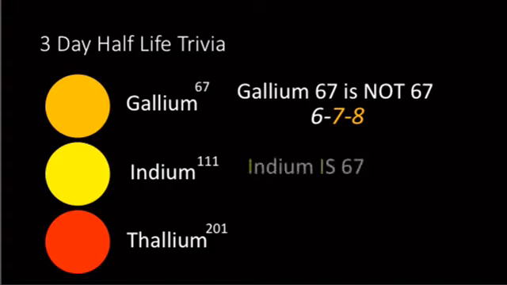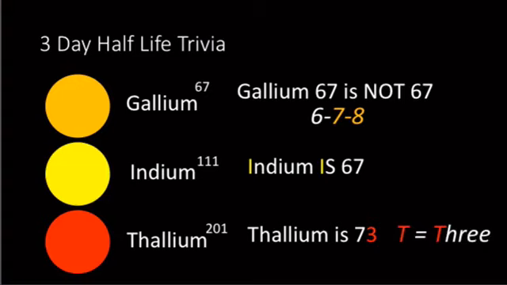Indium is 67, so I for I. And then thallium is 73, T for 3. So that's the way that I keep that straight. Another way you could remember it is that gallium has the highest energy, so it has the longest half-life. It doesn't really go together, but you could use it as a way to remember it. So this is how I keep them straight.